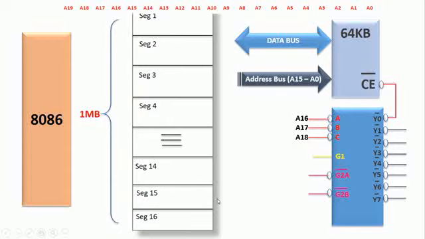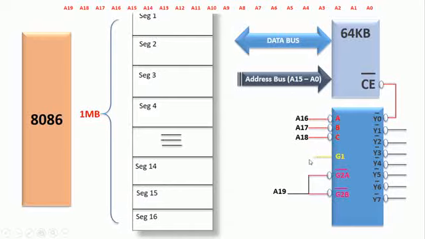Let us suppose I am using A19 to activate the active low signals of the address decoder. G1 is the active high signal, and now we are not having spare address lines. Okay, now all are used.